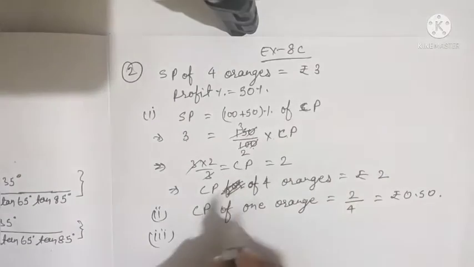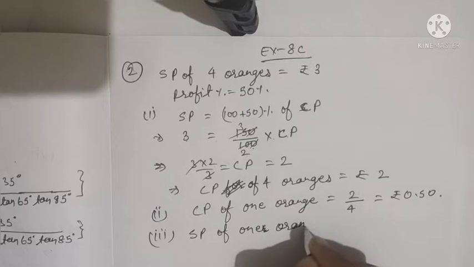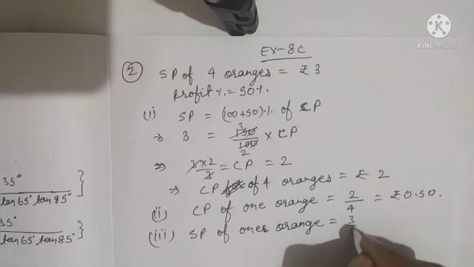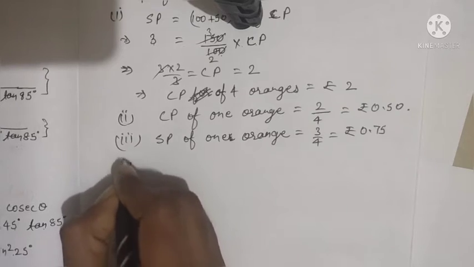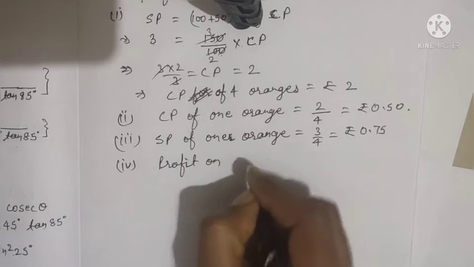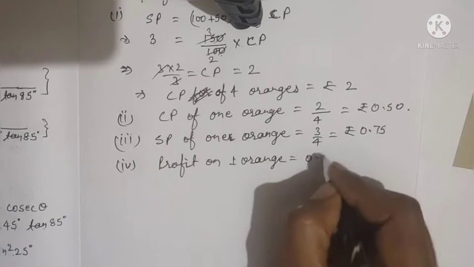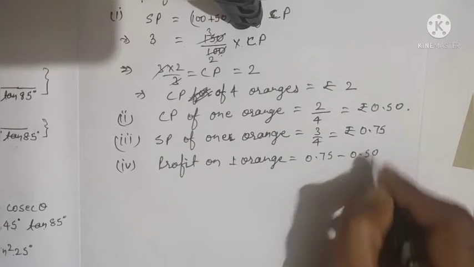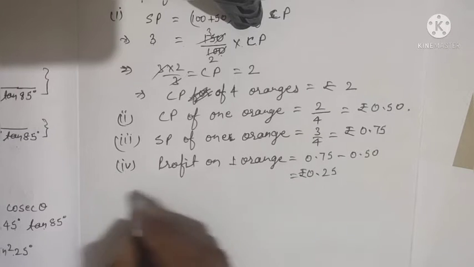Since SP of 4 oranges is 3, SP of 1 orange will be equal to 3 by 4, which is rupees 0.75. Now we have to find profit on 1 orange. So profit on 1 orange will be equal to 0.75 minus 0.50, which is 0.25.